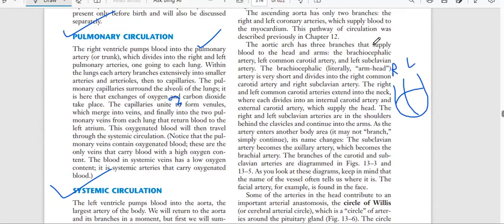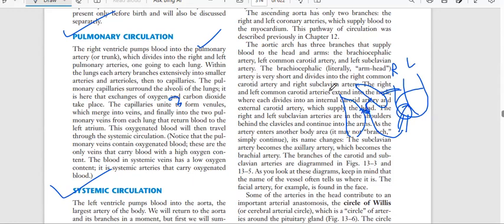This is the right side, the ventricles and auricles. So this is the right side ventricle, and through the pulmonary artery, one goes to the lungs. So assume this is the lungs, so this artery will go to the lungs.